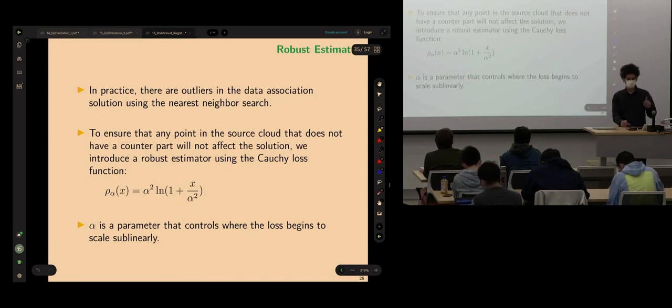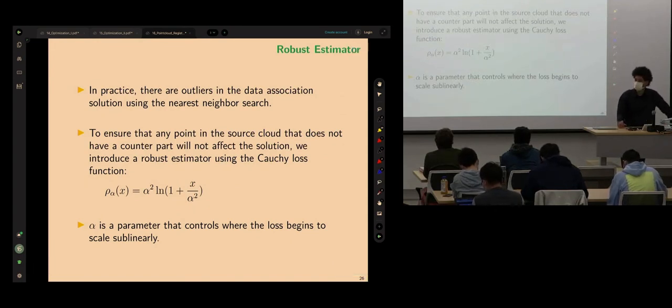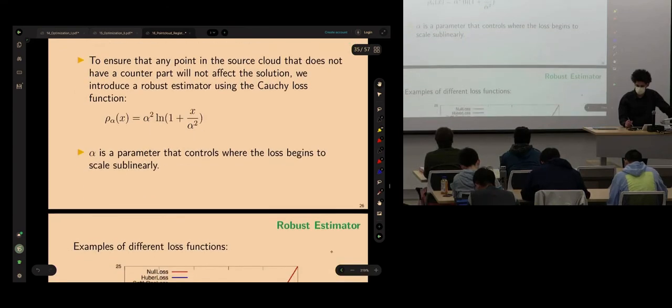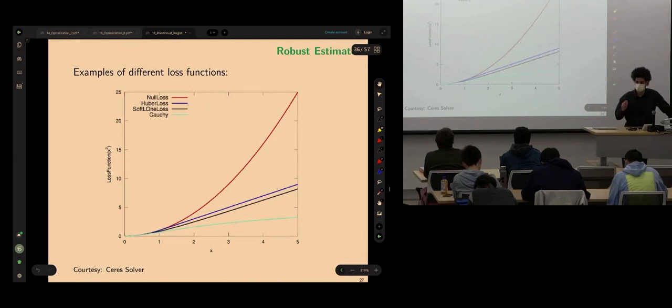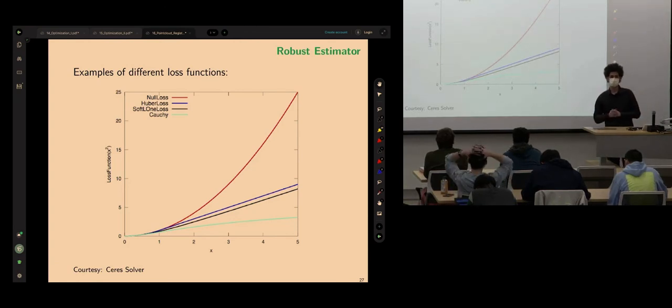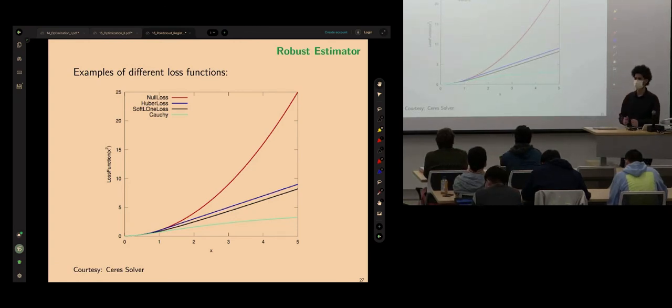Now, we talked about the robust estimator that we can use, for example, the Cauchy loss function. This adds a nice property that we can softly ignore outliers instead of setting a hard threshold that everything beyond 1.5 meters should be ignored. That's too, in some sense, conservative, even though the robust estimator is supposed to be conservative itself. So there are many options.